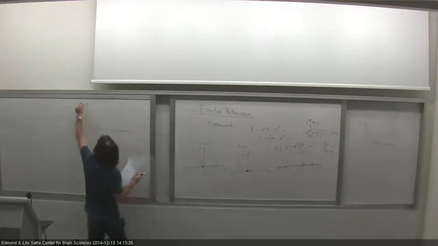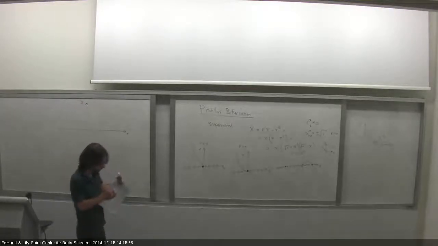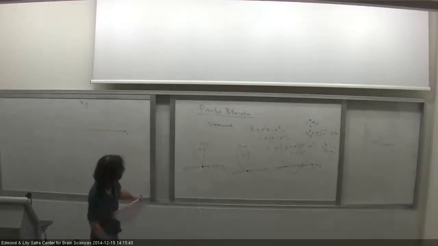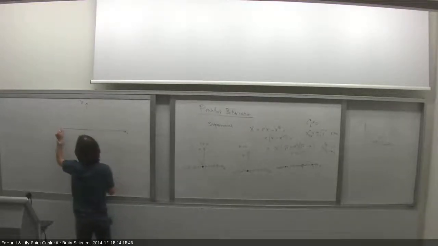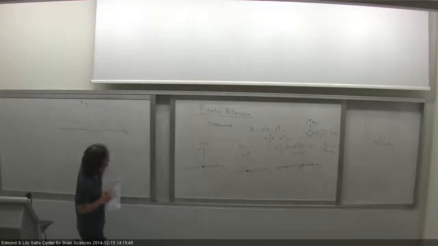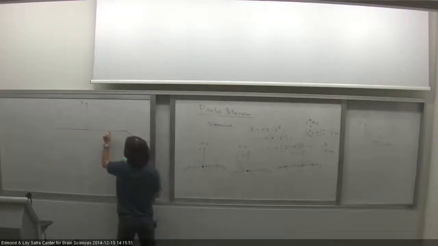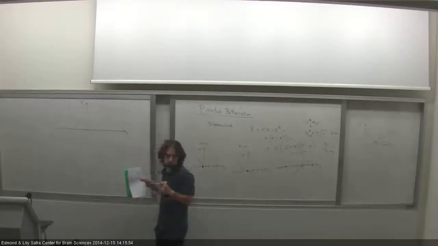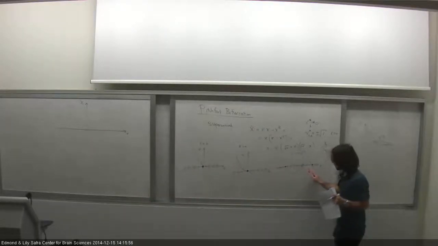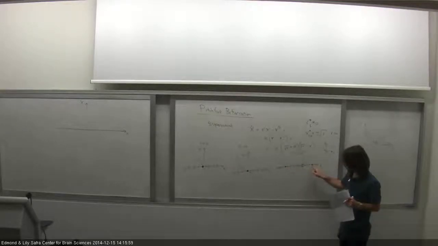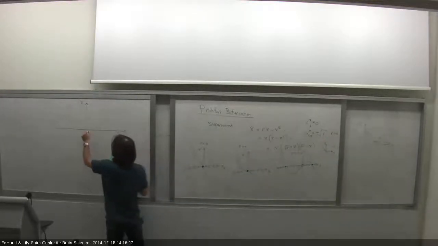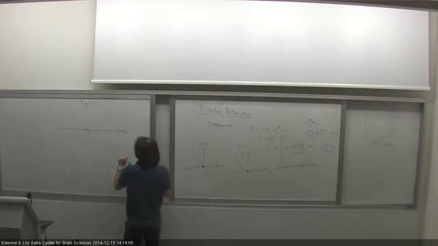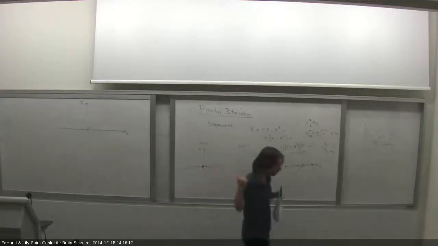So the bifurcation diagram for this type of bifurcation: for negative R, I only had one stable fixed point. For positive R, this fixed point at 0 is unstable, and on both sides I have stable fixed points. They go like square roots of R. You can see why this is called a pitchfork bifurcation.